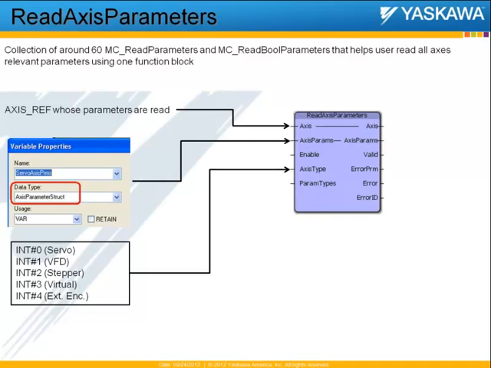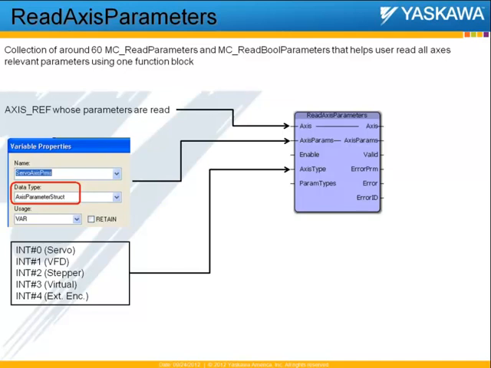The third input is axis type, and this is used to define what kind of axis we're trying to read parameters from. The different axes that are supported are servos, variable frequency drives, steppers, virtual axes, and external encoders. We made this an input into this function block to optimize the performance of read axis parameters.